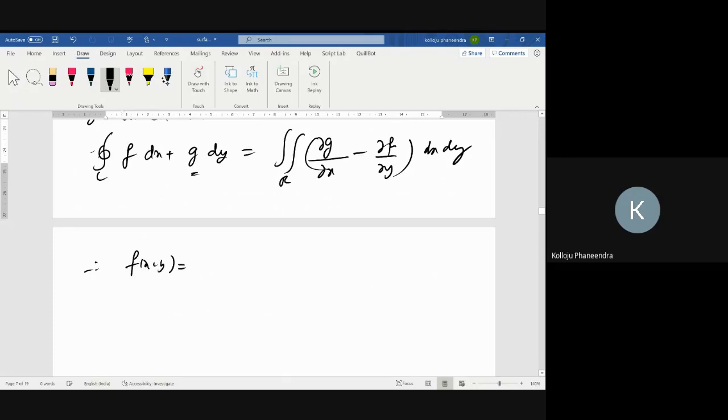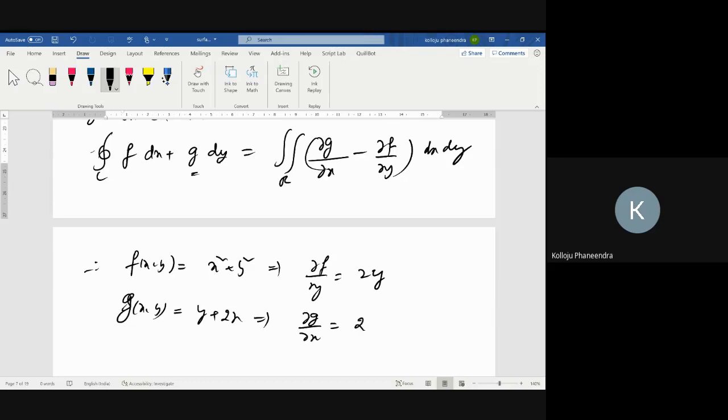F of x comma y is x square plus y square. From this you calculate dou f by dou y, that is 2y. And g of x comma y is y plus 2x. I need dou g by dou x, that is equal to 2.